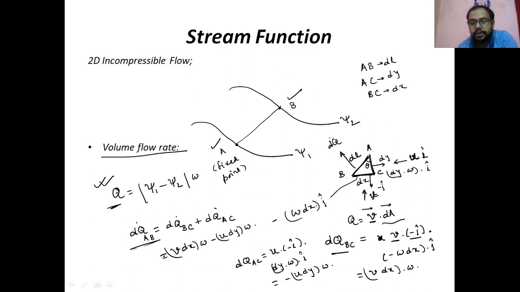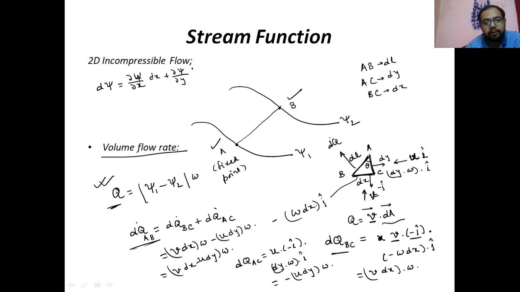So the flow rate across the small elemental area AB is V dx minus u dy. We have seen in previous cases, just a few minutes back, that d psi comes in this manner: d psi dx of dx plus d psi dy of dy. So it is nothing but V dx minus u dy.